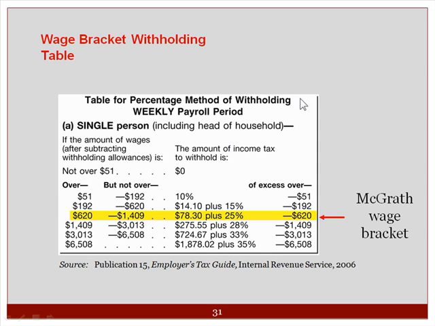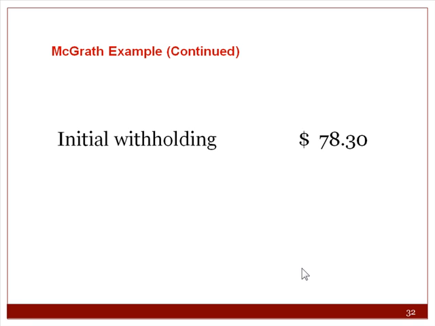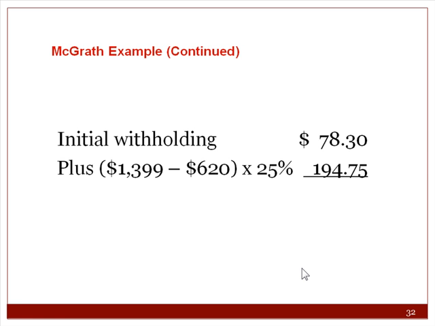Looking at this, McGrath fell in this wage group. So it's $78 plus 25% of the difference over the base. Let's give his example. He had initial withholding of $78.30 from the chart, plus he had the $1,399 minus the $620, times 25%.